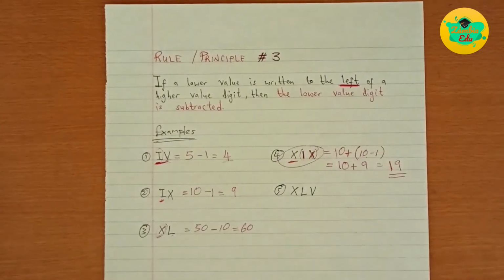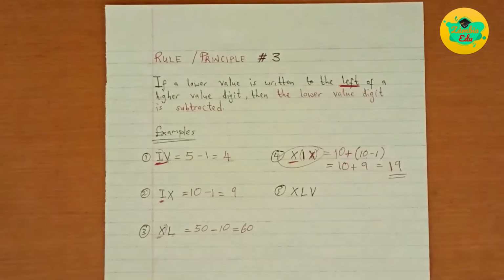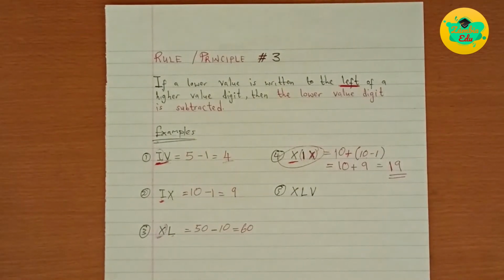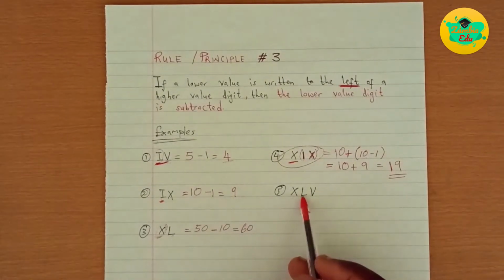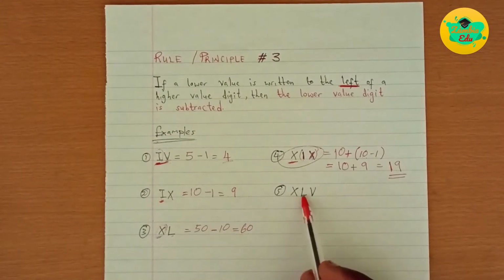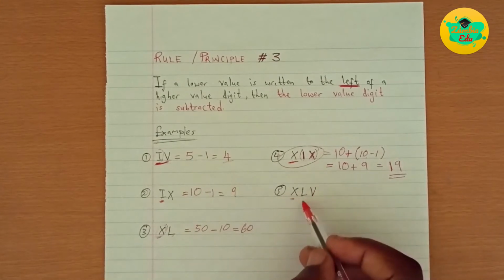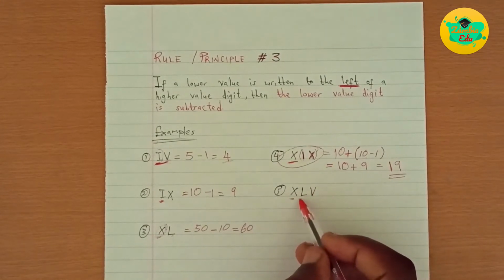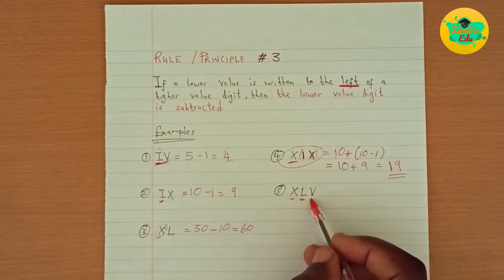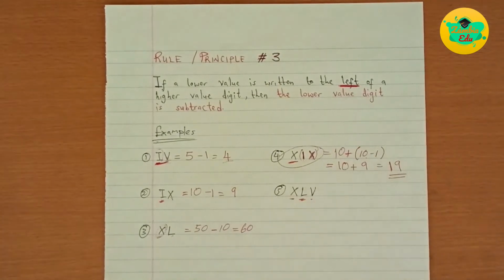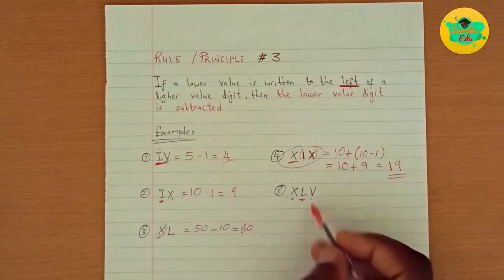We go to our fifth and last example in principle number 3. We are looking at XLV. So we have a lower value symbol on the left of the high value symbol, and then on the right also we have a higher value symbol. So what are we going to do to that one?